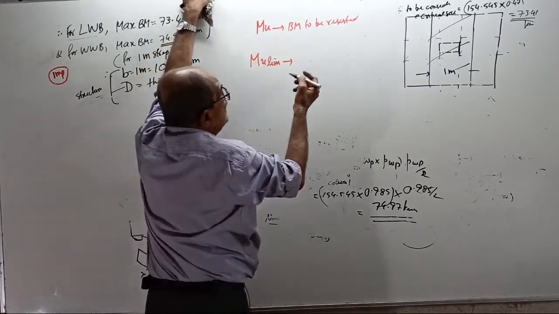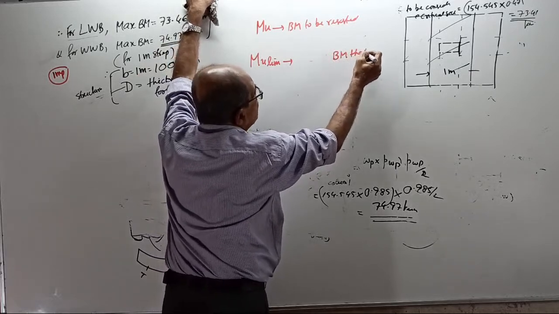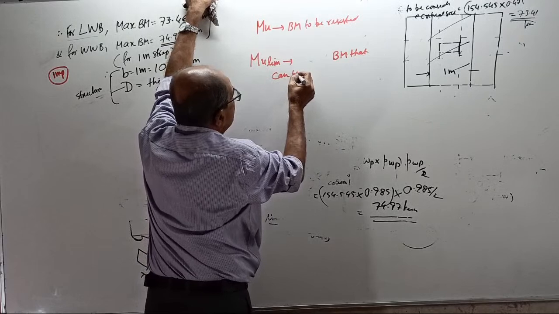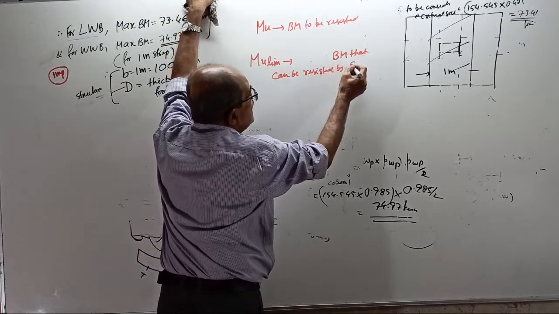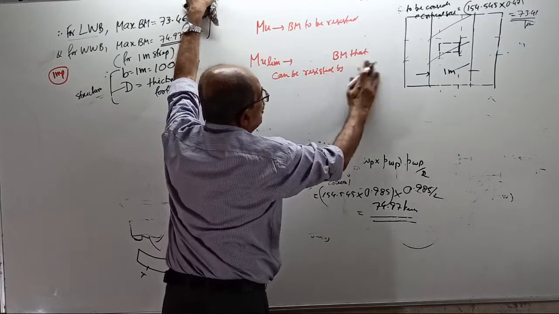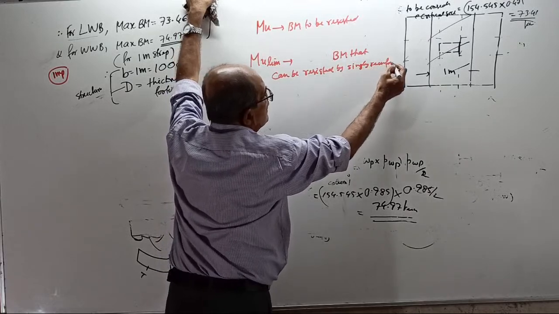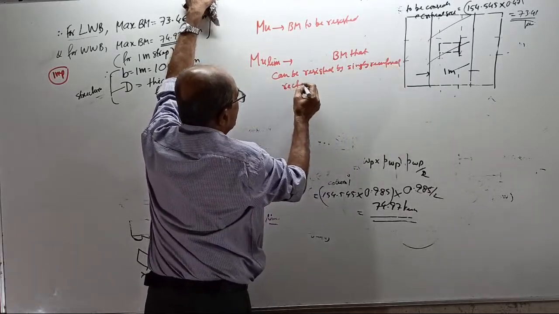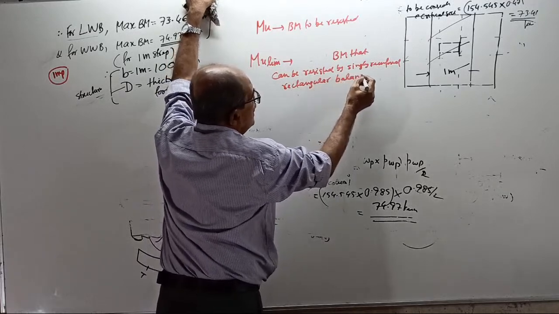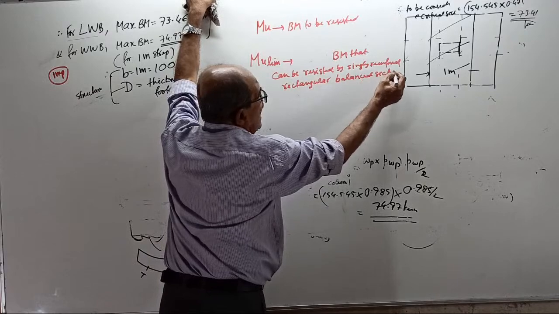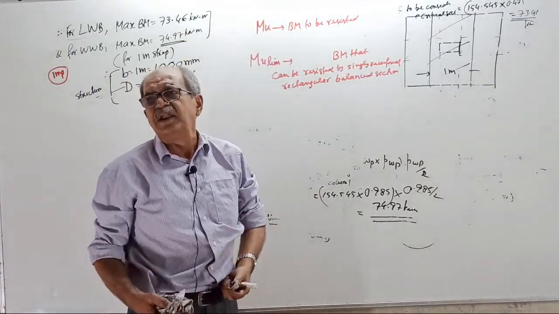Mu limit is the BM that can be resisted by a singly reinforced rectangular balanced section.